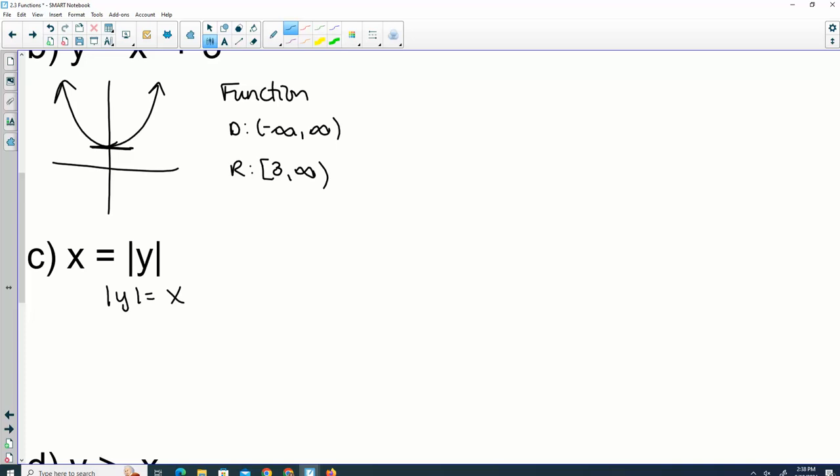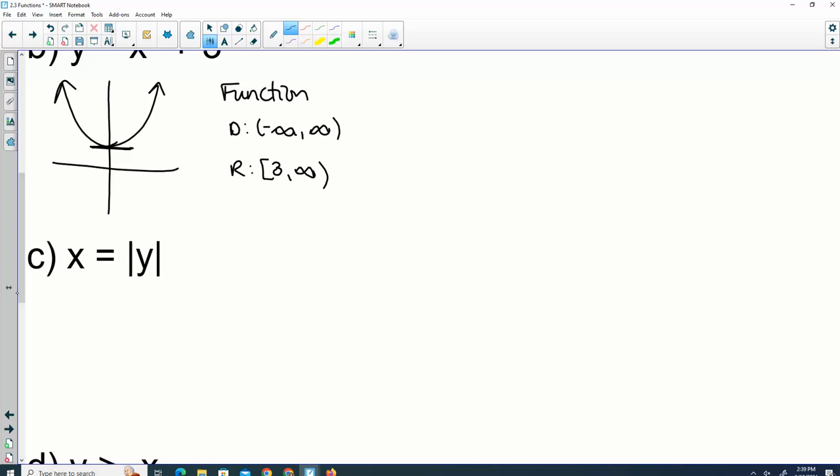So we said that you would make two separate equations, y equals x and y equals negative x. But even if you try doing that on your calculator, it's not going to give you the correct domain, so it's not going to give you the correct graph on it. So in this case, if we can't make it y equals, that should be our first red flag. If it's a function, we should be able to make it y equals. It's not, so this one is possibly a problem.